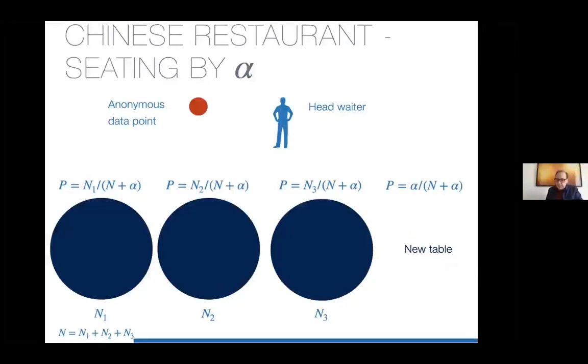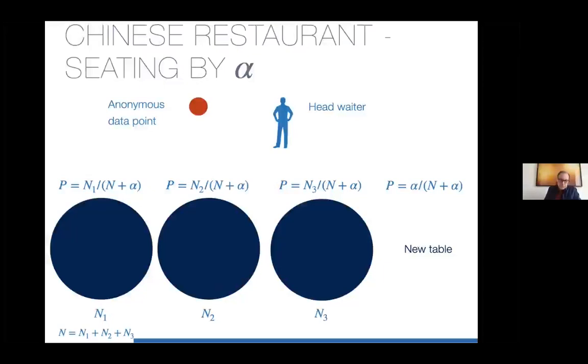We can say that we have a pseudo count of alpha people here. There's nobody sitting at the table, but we pretend that there are alpha people sitting at this new table. And then the placement is according to the principle: popular tables get more people, or the rich get richer.